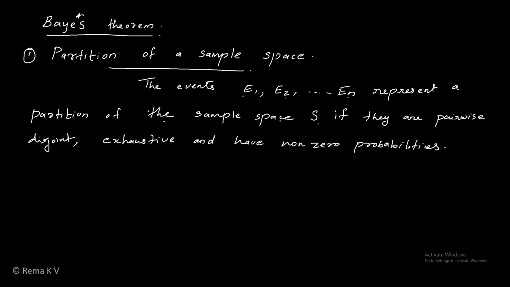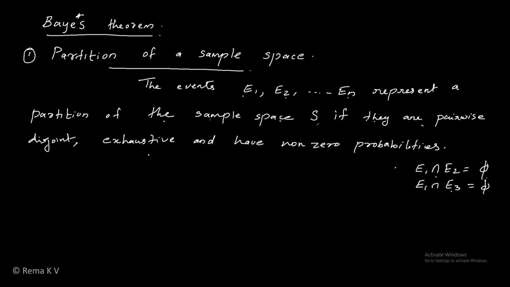Pairwise disjoint means if we consider them as pairs, E1 and E2, their intersection will be a null set. E1 and E2 are disjoint sets. Similarly, if we consider E1 and E3, then E1 intersection E3 is null set, E2 intersection E3 is a null set. So if we consider any pair from this, they must be disjoint sets. That is, they are pairwise disjoint.